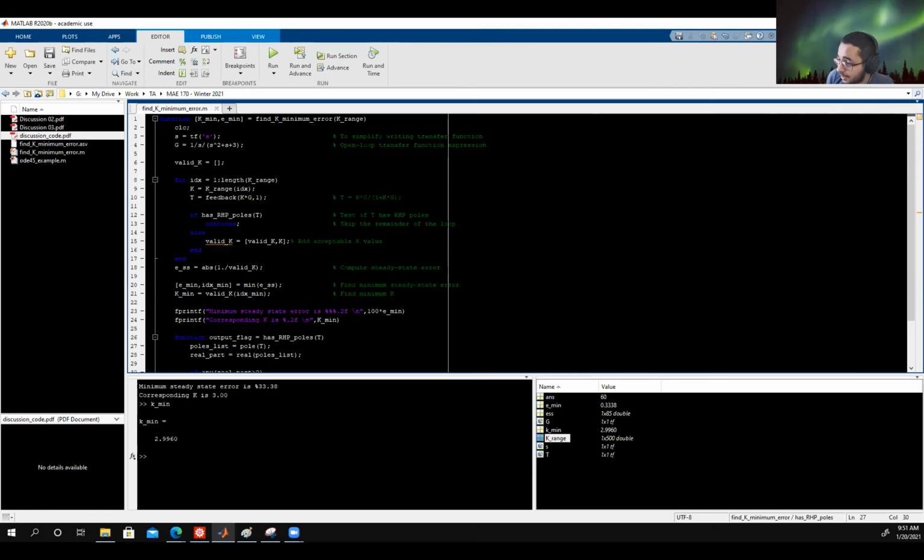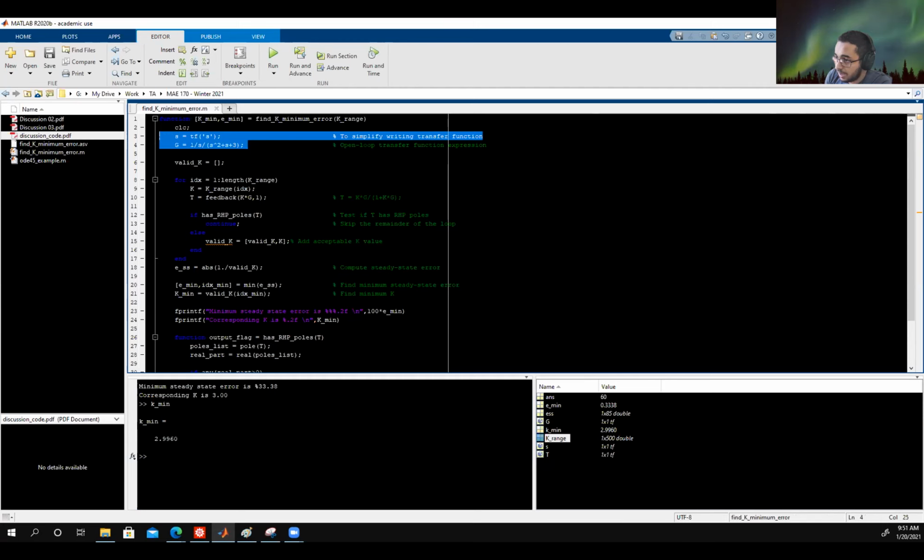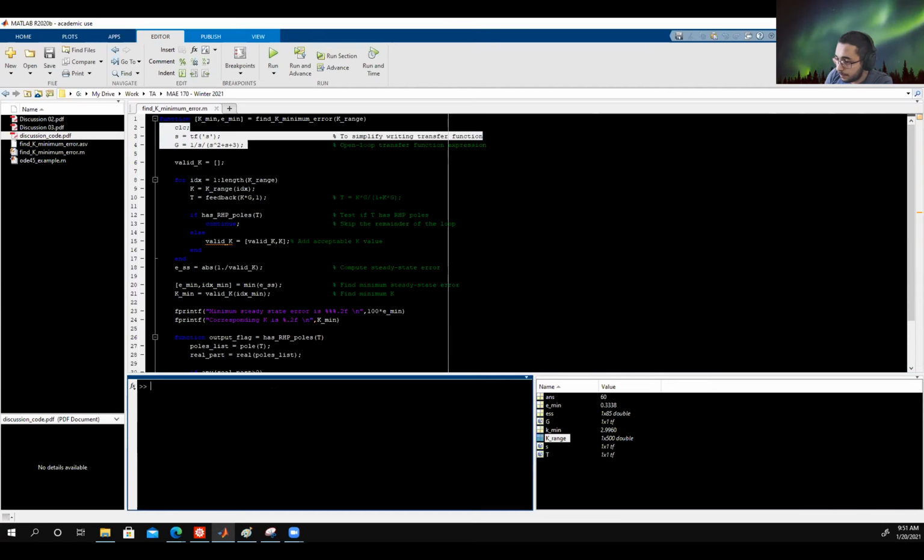Okay, so it turns out that if you put k equal to 3, let's try to compute k equal to 3. Now, this is g, right? We want to do a feedback of 3 times g and 1.